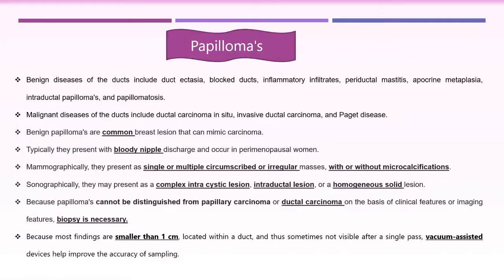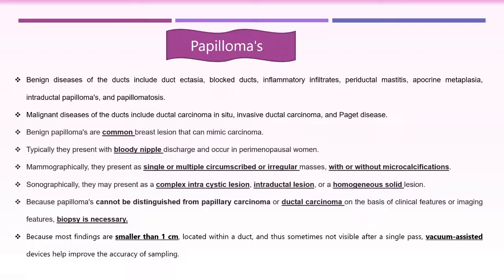So papilloma can present with bloody or clear nipple discharge, and it is difficult by imaging. Usually by imaging it is very difficult to differentiate it from cancer, and you need to go for biopsy. We'll talk about it another time.